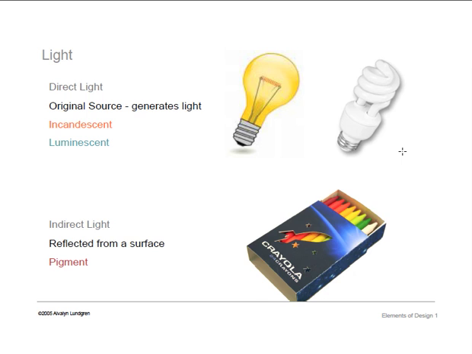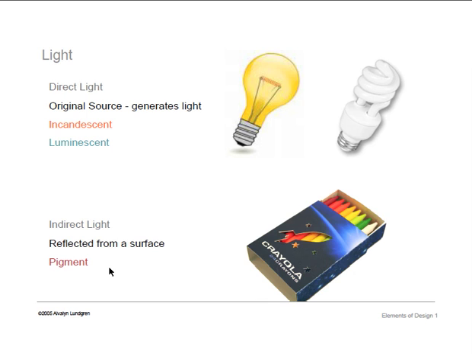Indirect light is reflected from a surface, and if we're seeing color on a surface, as I said, it's because light's being reflected and light is being absorbed. The stuff in the surface is called pigment. Another word for it would be colorant. There are natural pigments and there are synthetic pigments.